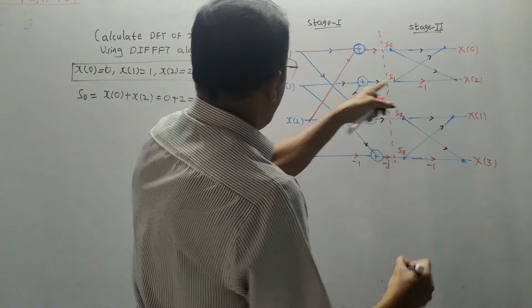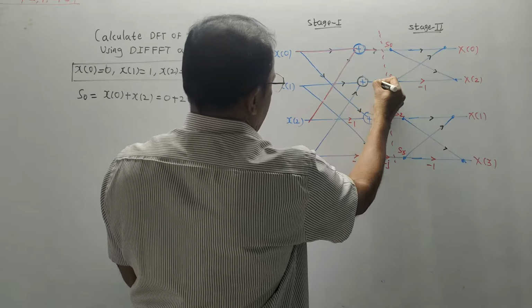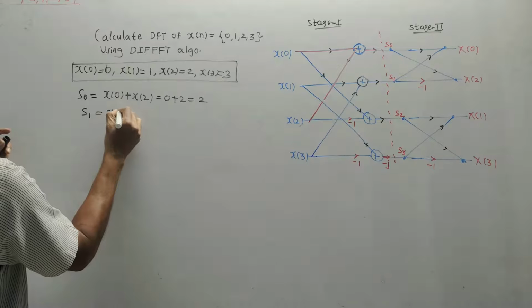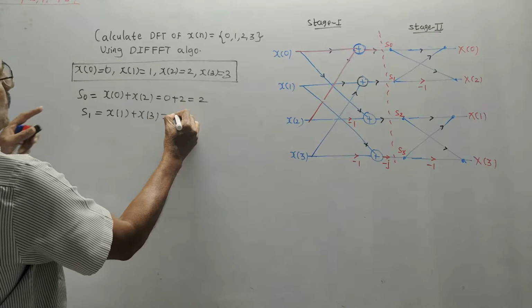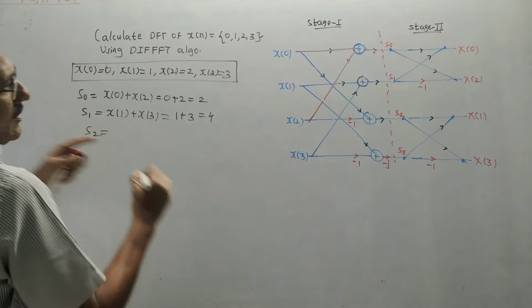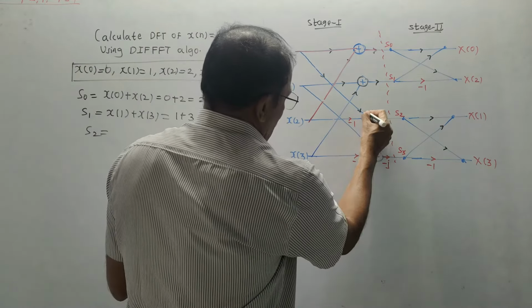Same way, S1. S1 is output of this adder for which x of 1 is connected and x of 3 is connected. So S1 is x of 1 plus x of 3. Again refer these values. So 1 plus 3 is equals to 4. S2. For S2, which lines are connected? S2 is output of this adder.